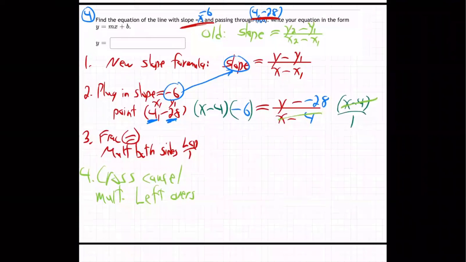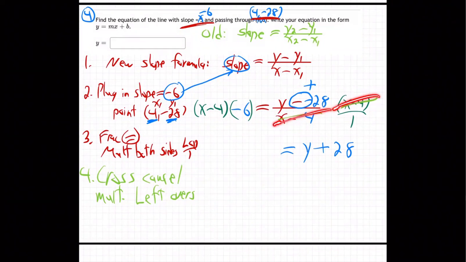So that means on the right side, we just have y plus 28, right? The double negative here is going to become positive. We know that. And the x minus 4s are gone. They're totally gone. They cross canceled. That's why we did it, because we wanted to get rid of the fractions, huh? See how they cross canceled?